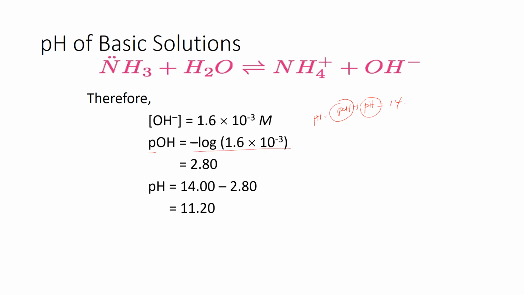If you calculate that, you get 2.80, and so pH will be equal to 14 minus pOH, which is 2.80, and that gives you 11.20 as its pH.